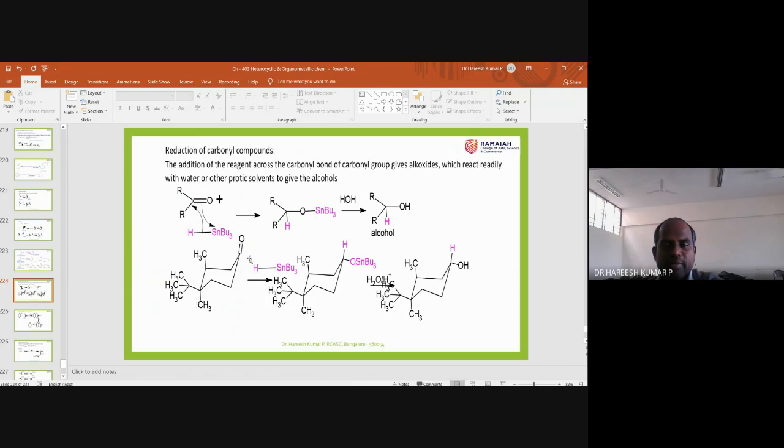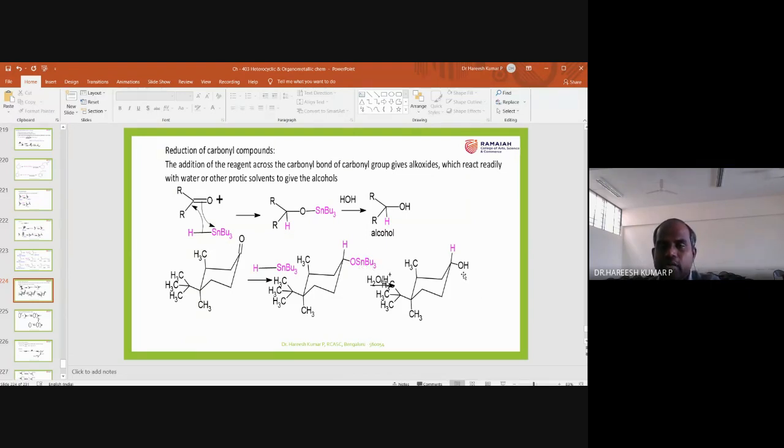See, similarly here I am taking examples. I think you are aware of conformational analysis. So here the bulky group attains an equatorial position. This is axial, this is also axial. So when this hydride will add to this carbonyl group, this O means oxygen and tin will occupy an equatorial position because it's a bulky group.